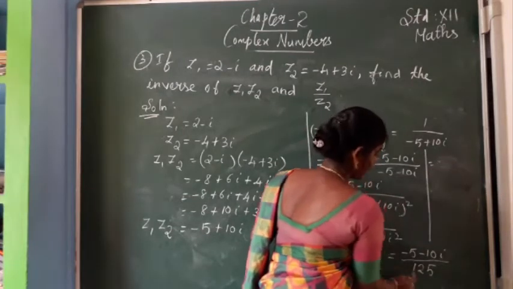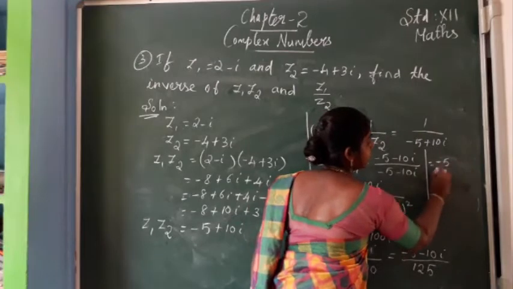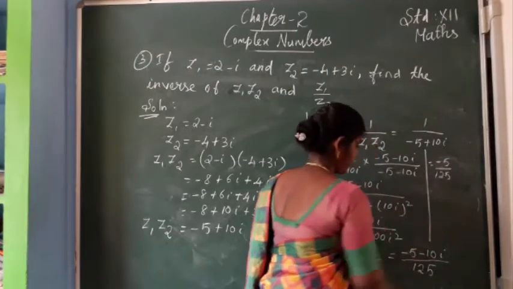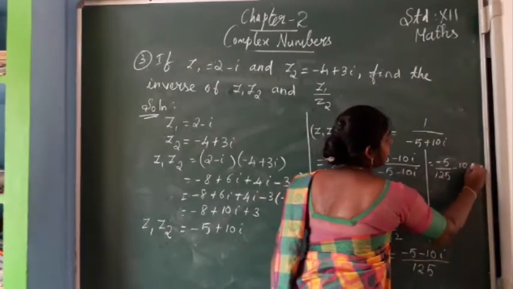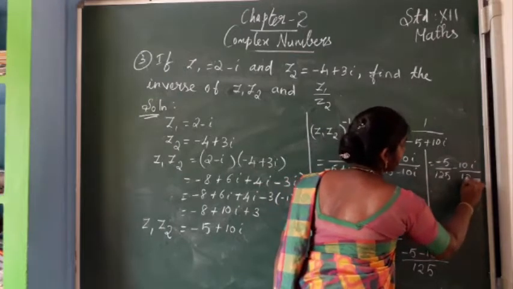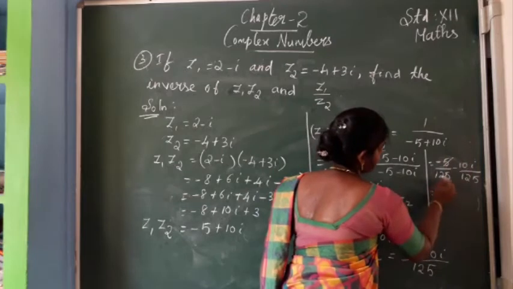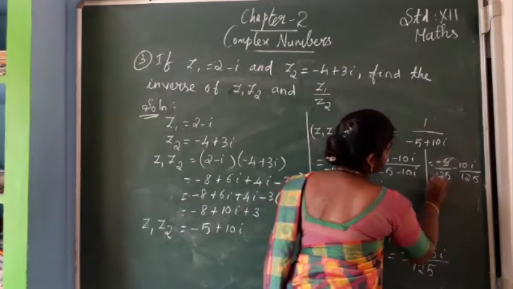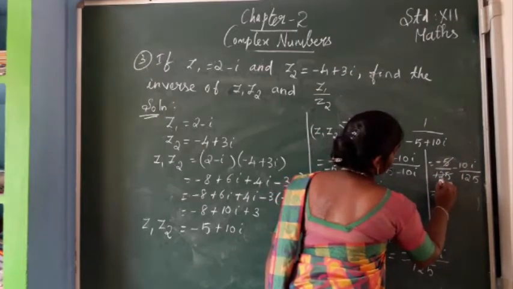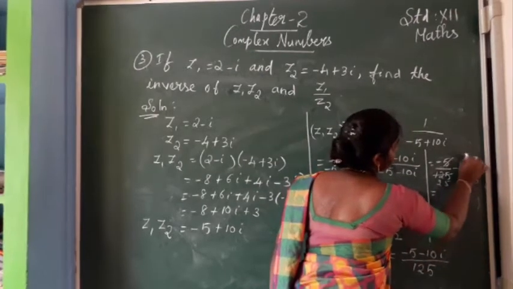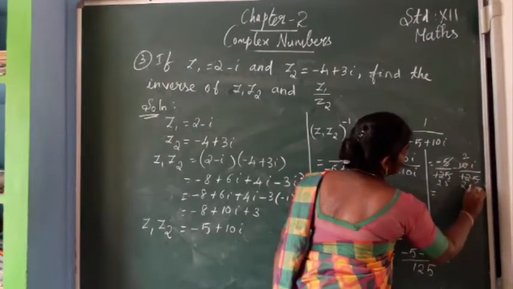So we can divide separately. Minus 5 divided by 125, minus 10i divided by 125. That's equal to, cancel this term. So 5 and 125, 25.